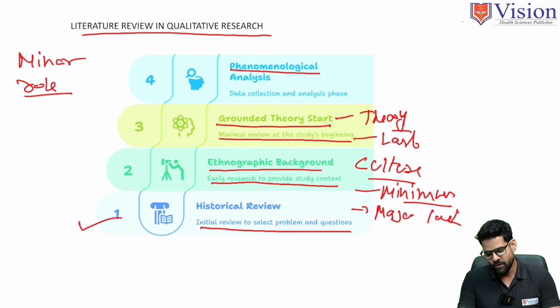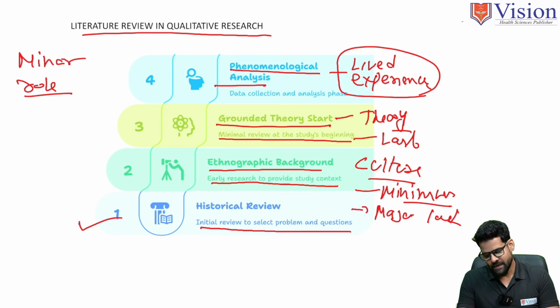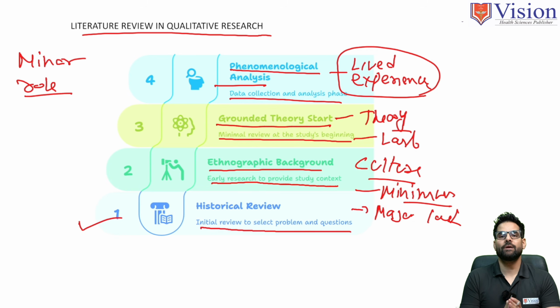Now what about the phenomenological study? There we study lived experiences, and for that the literature review comes in the data collection and analysis phase. For phenomenological research, we never do a literature review in the beginning, unlike quantitative and other qualitative research, because phenomenological studies study the lived experience of somebody and want to capture first-hand experiences without any preconceptions or pre-notions about the phenomenon.